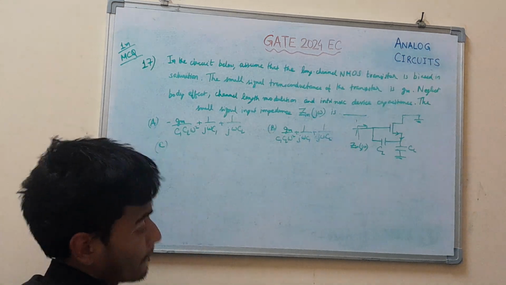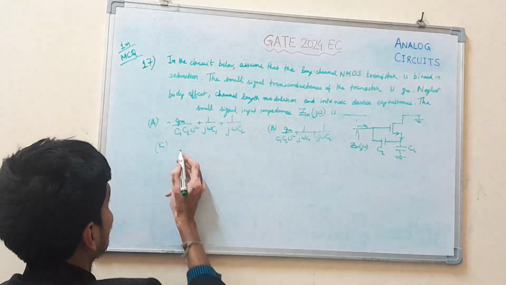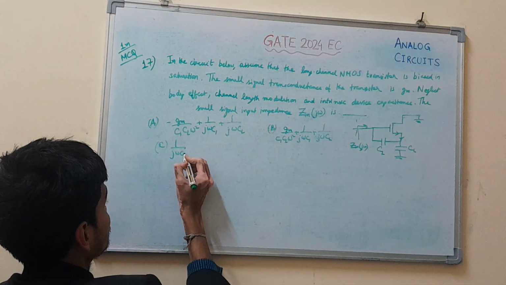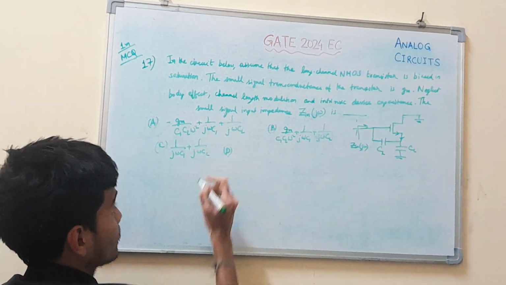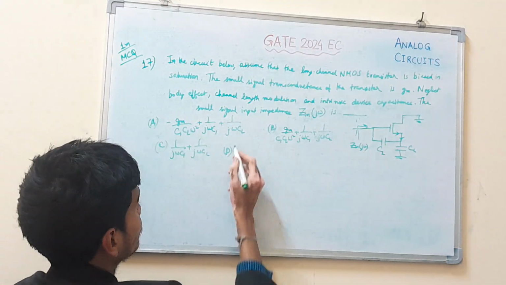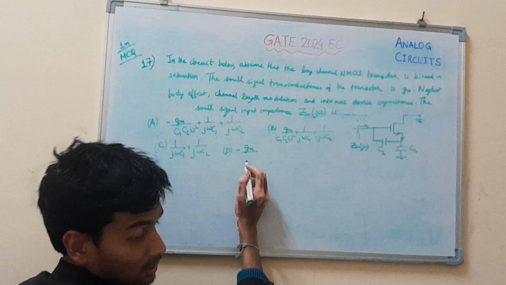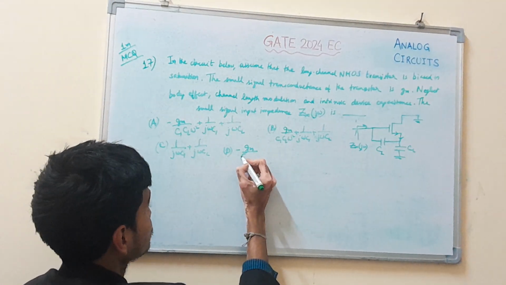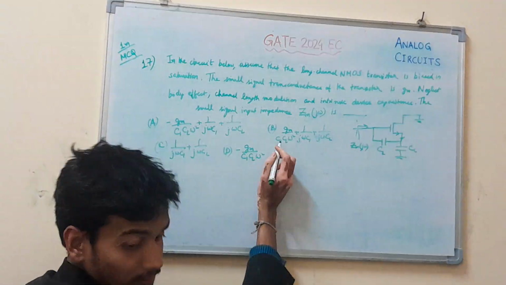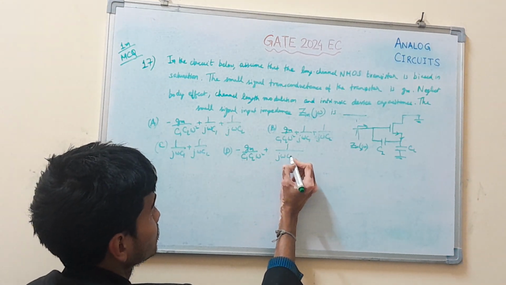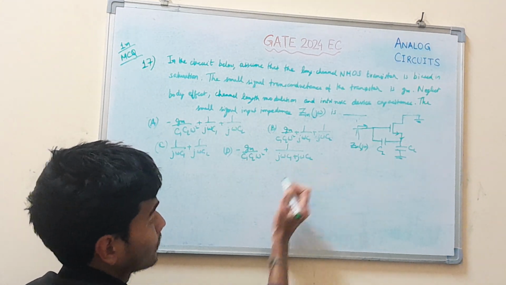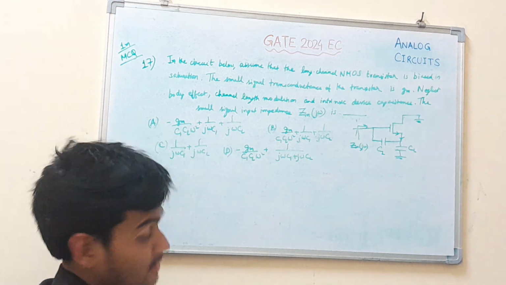Option C, 1 by j omega C1 plus 1 by j omega CL. And option D, minus GM upon C1 CL omega square plus 1 by j omega C1 plus j omega CL. So basically these are the four options.